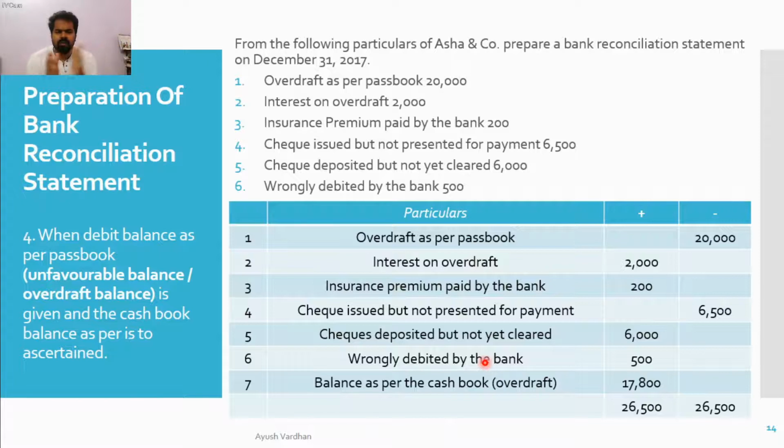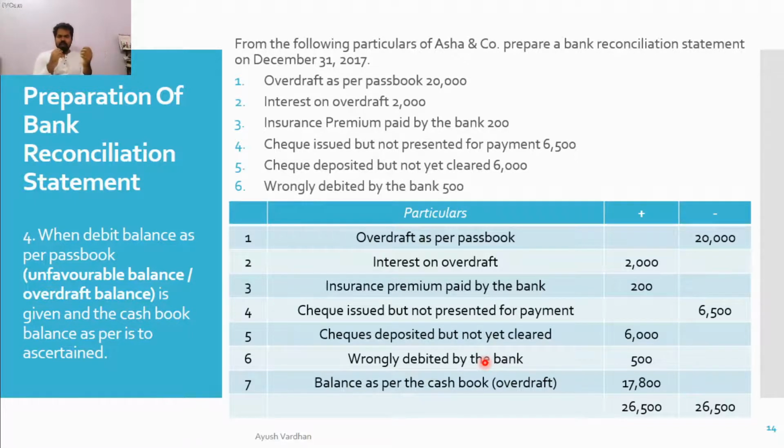The very first entry is clearly written: overdraft of 20,000 rupees in the passbook. So we will start with minus 20,000 rupees, as it is negative in the passbook. It is given.